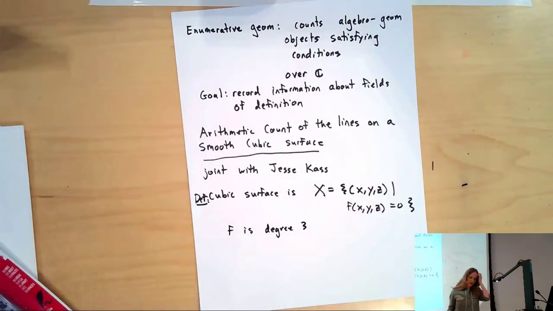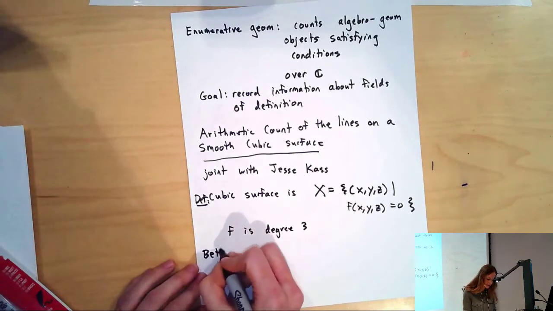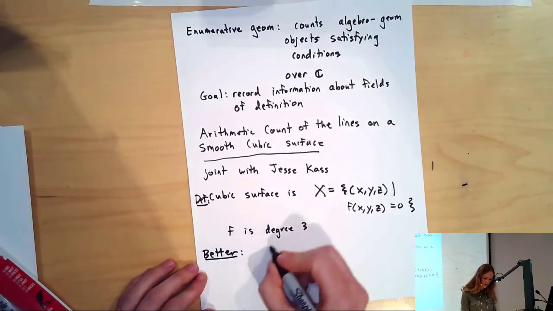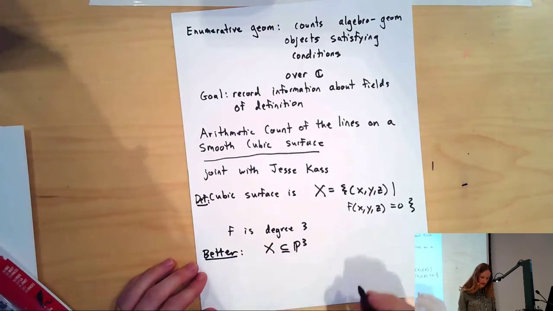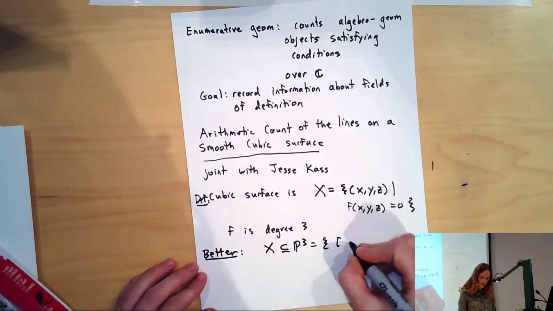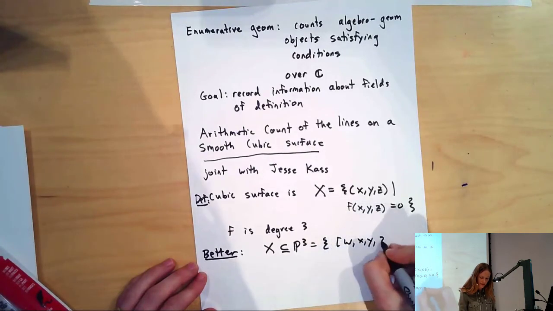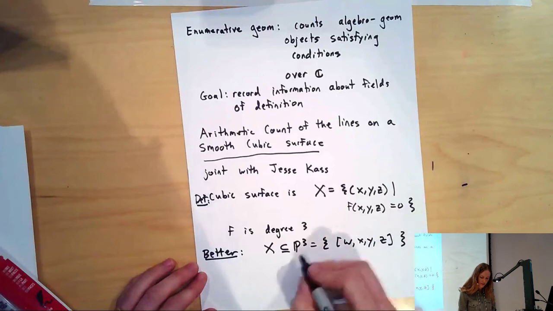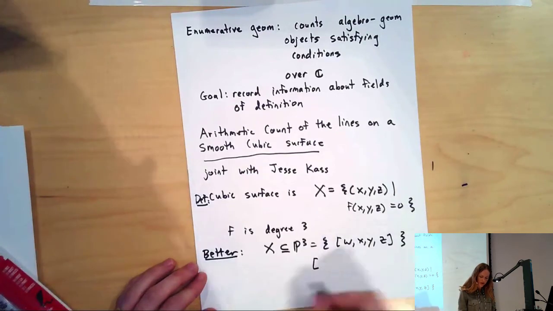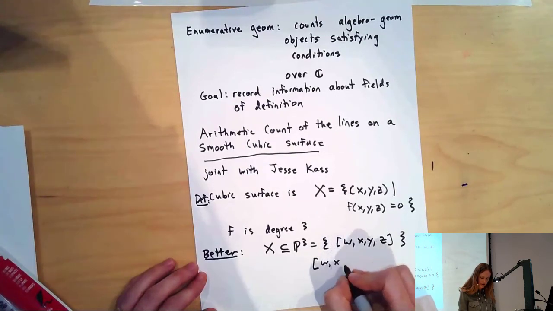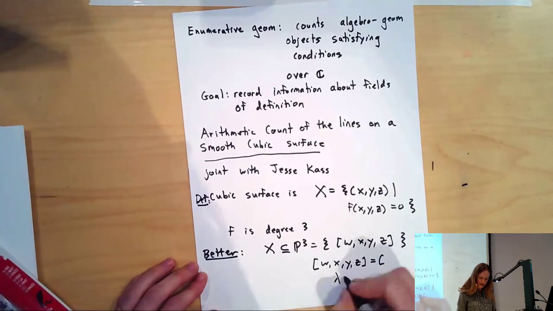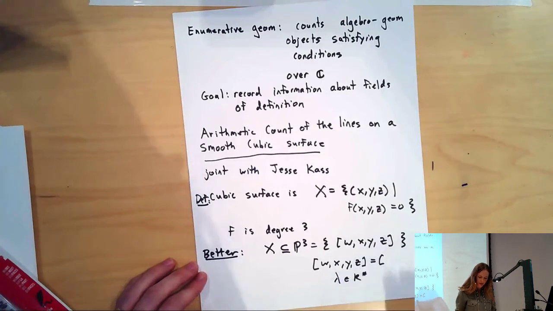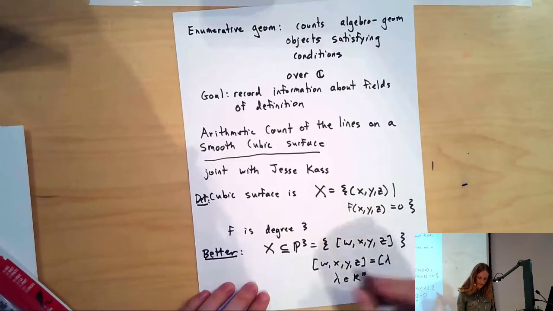And another principle to get that invariance of number is that it's better to compactify. So we'll put it actually in P3, which has these homogeneous coordinates W, X, Y, Z where not all are 0, and scaling by a non-zero element doesn't change the point.